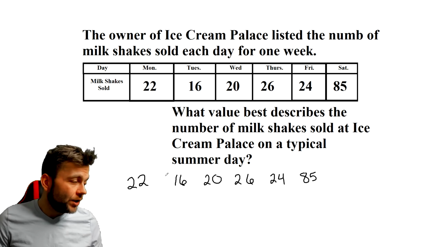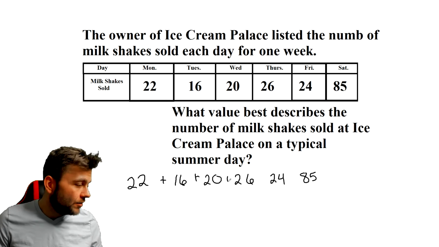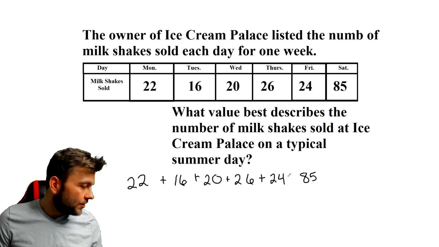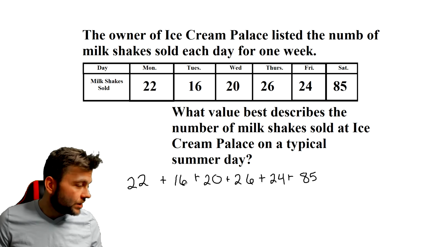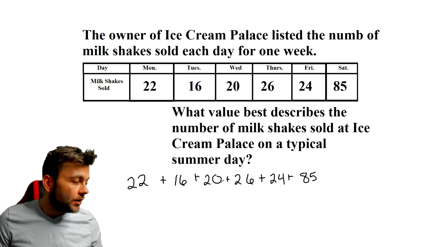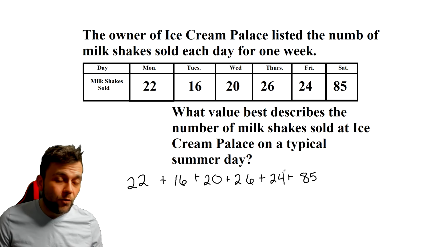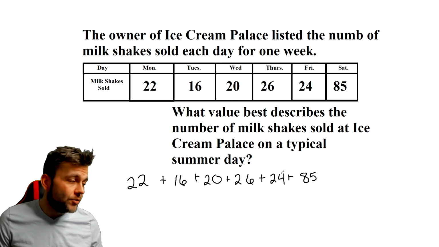So what you do is you're going to go through and add all of these values here. So we have 22 plus 16, that is 38. Plus 20 is 58. Plus 26 is 84. Plus 24 is 108.